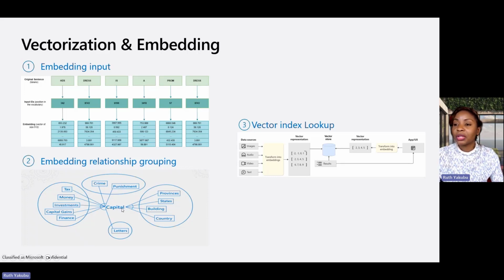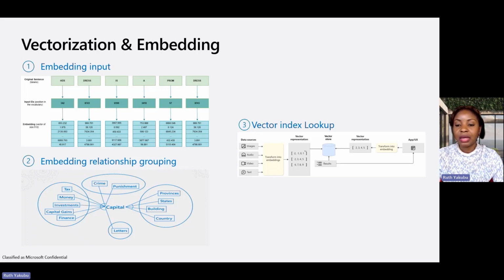Or it may be a location, so maybe a province, state, building, or a country. So as you can see, the relationship depends on where the groupings are. This is what embedding does in the background.